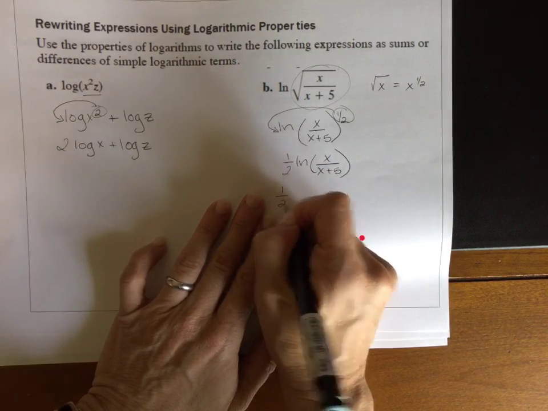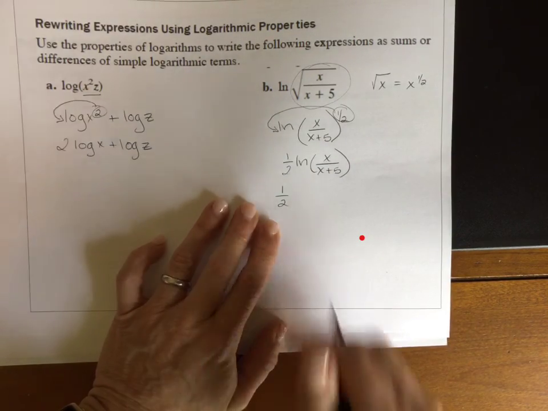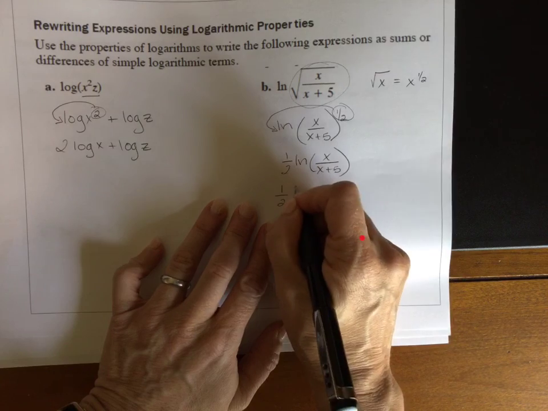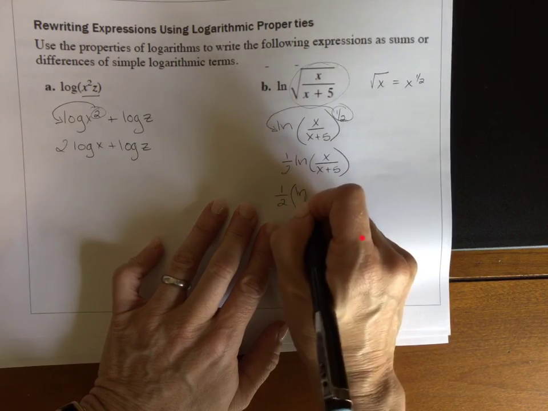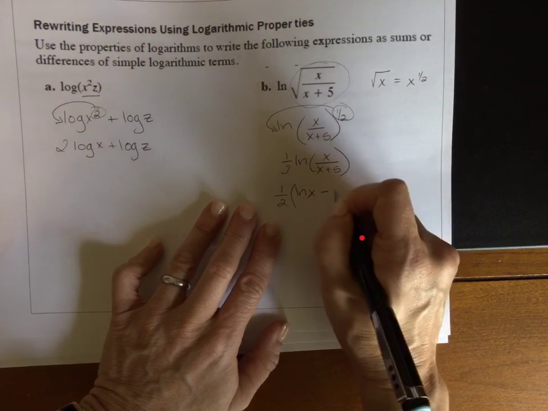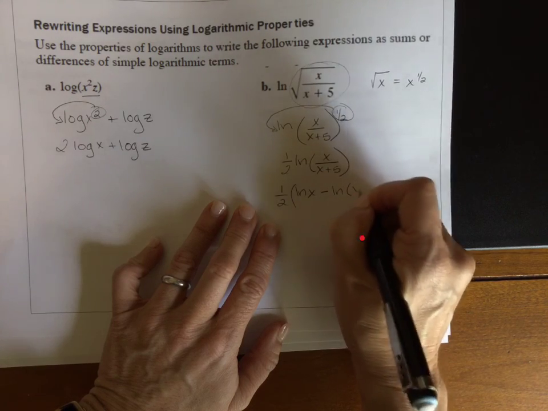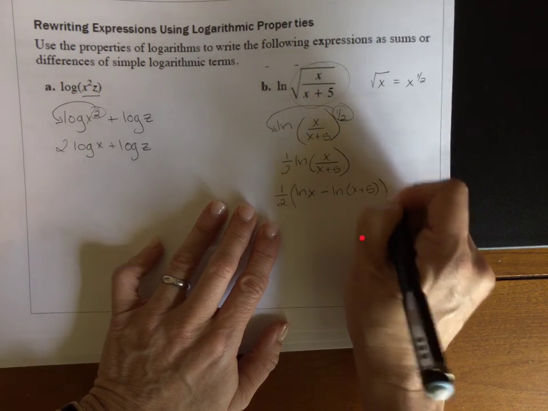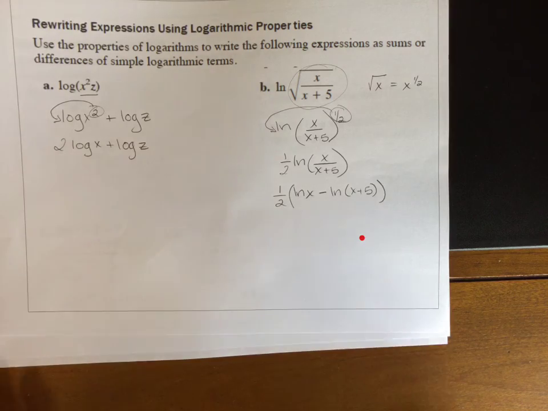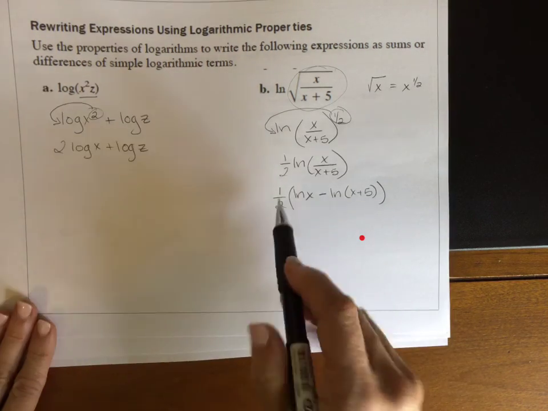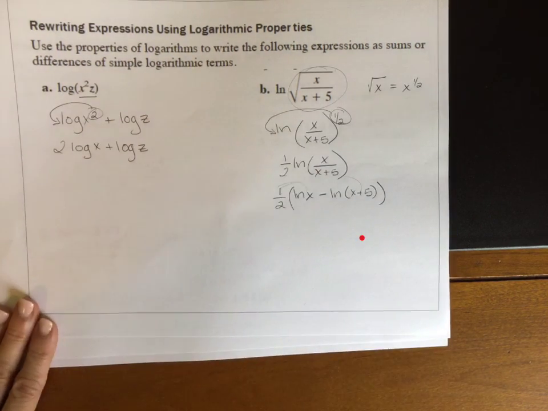You need to put your 1/2 out here, and then we would have in parentheses natural log of x minus the natural log of x plus 5. And that is writing it in fully expanded form. You could also go ahead and distribute the 1/2 if you liked.